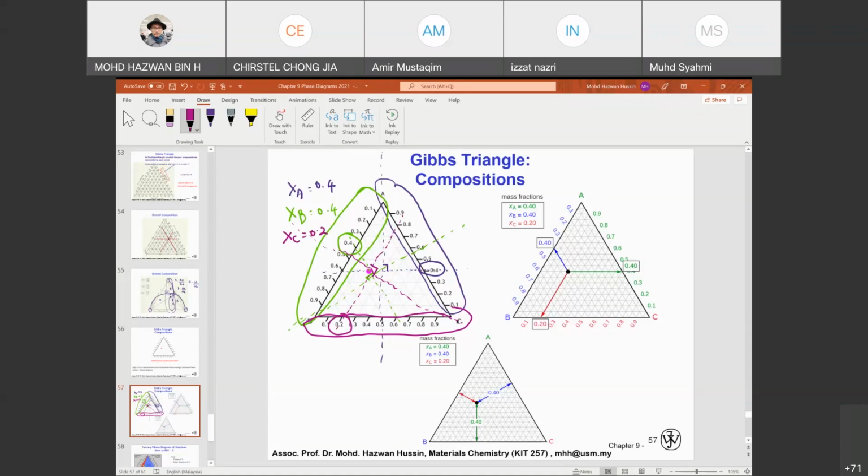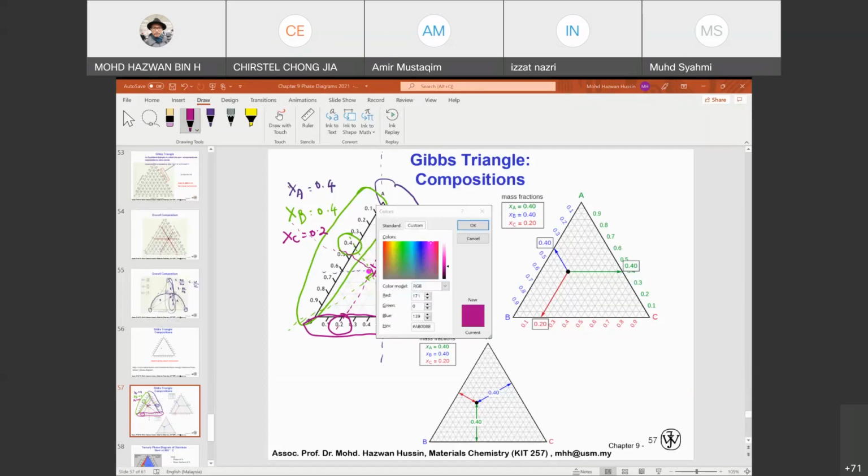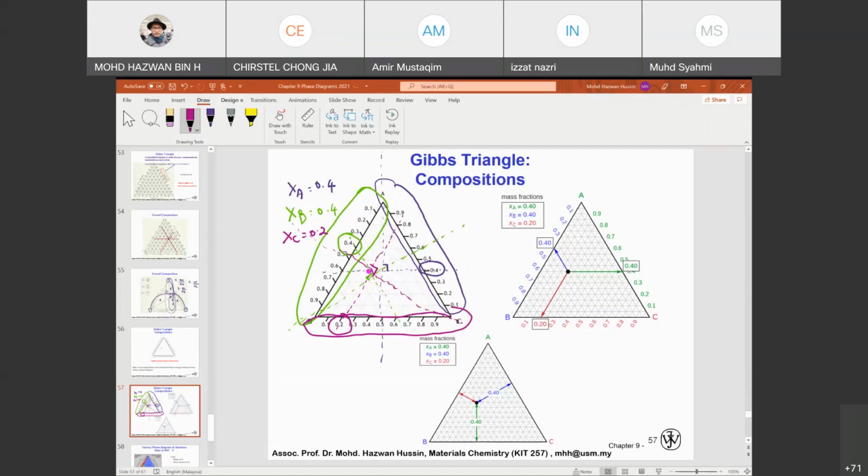So we have a fraction of 0.4 of A, 0.4 of B, and 0.2 of C. If you sum all these three values together, you will get 1, or 100%. Okay, is it clear? Any questions so far?